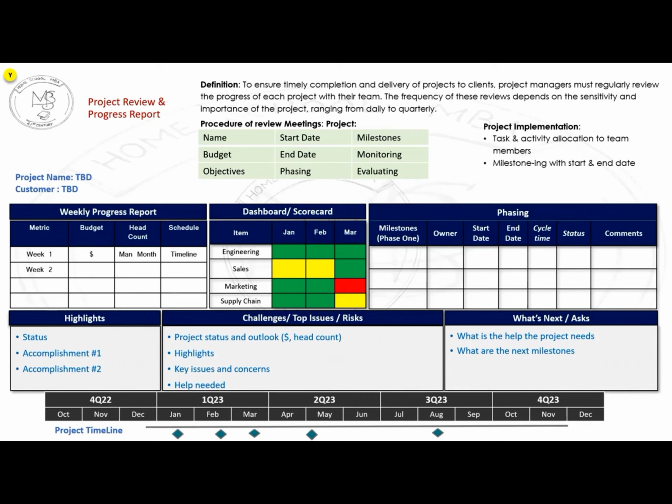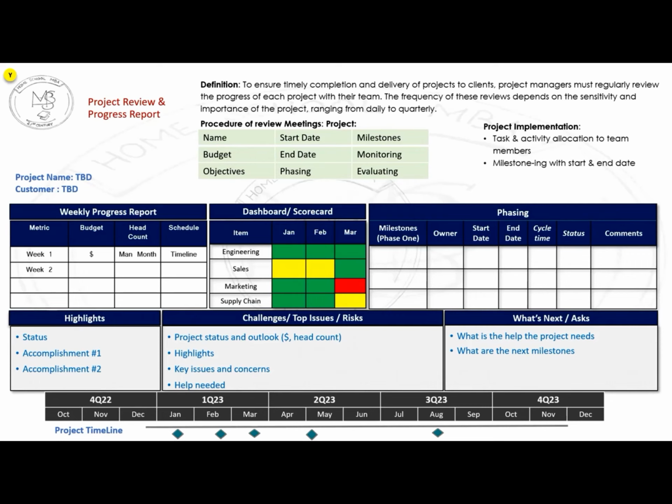And then ultimately, in this template you say highlight status, accomplishment 1, accomplishment 2, project status and outlook, headcount, and highlights, issues and concerns, help needed, and then what is next: what help the project needs, what the next milestones are. These are self-explanatory lines or words that you have used.